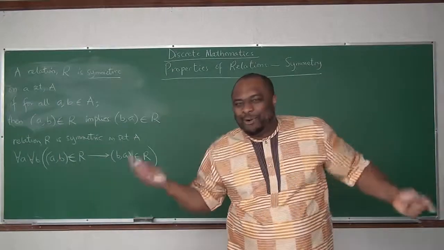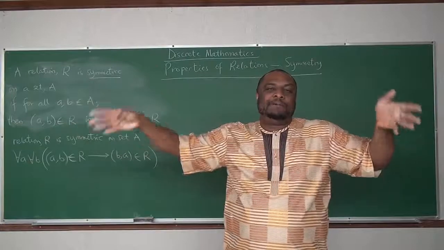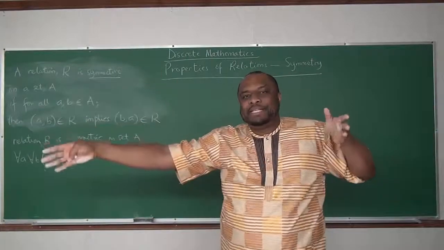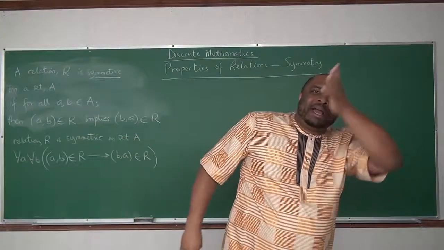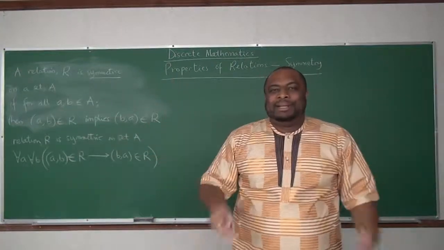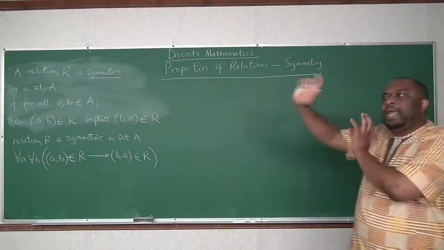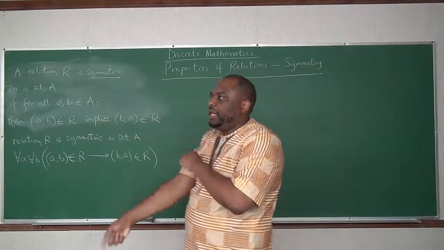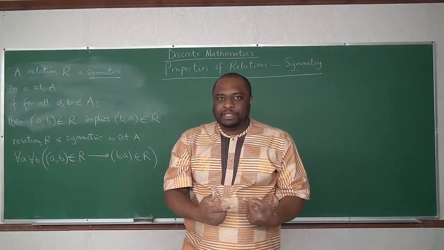If you bring it to algebra, if you have this point on this side of the parabola, you should also have this point on the other side of the parabola. So if you have (a, b) an element of the relation, you should also have (b, a) an element of the relation.